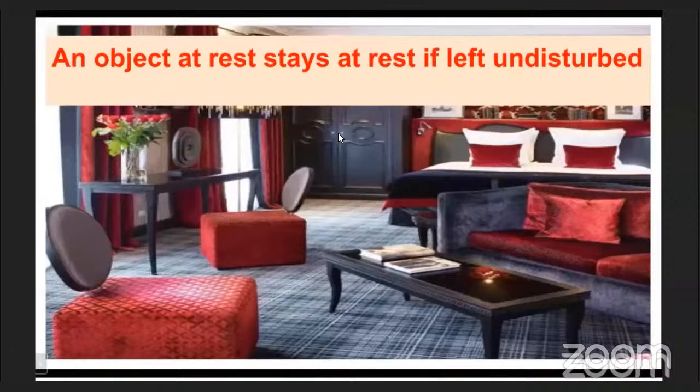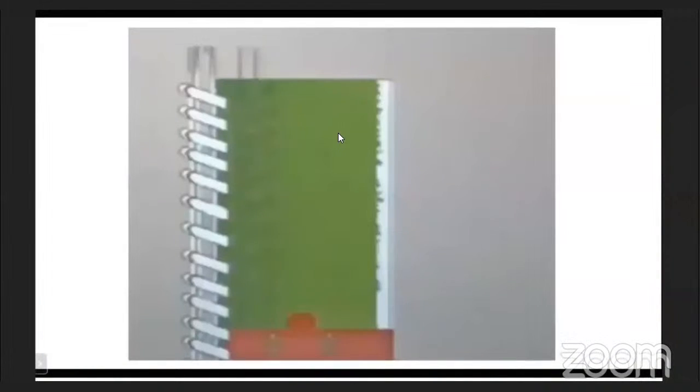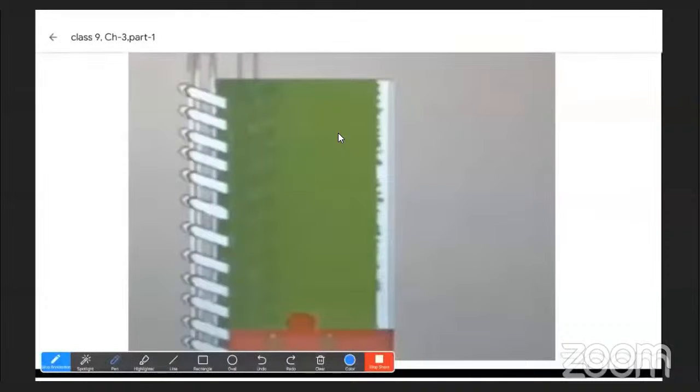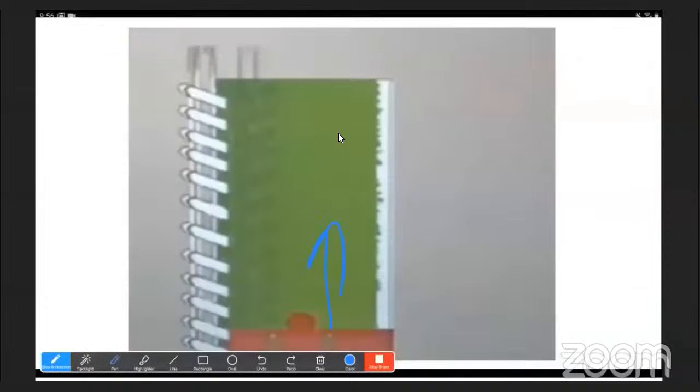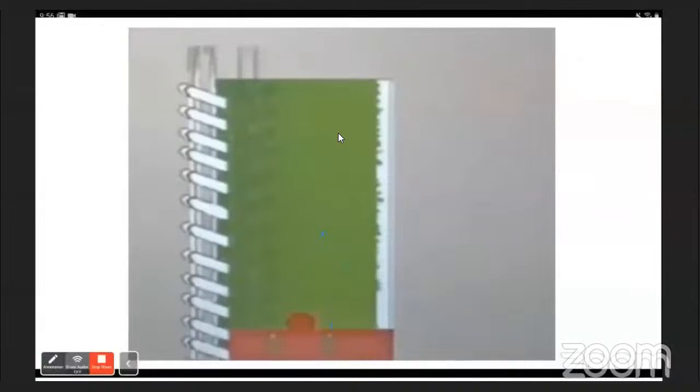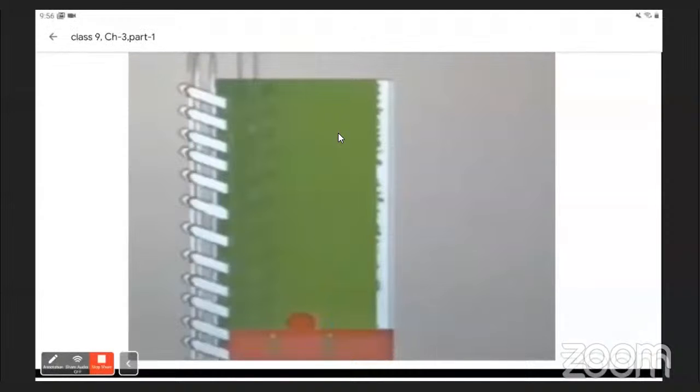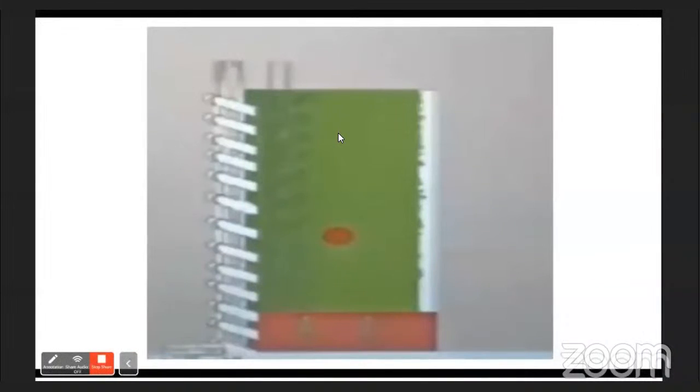Then what about a moving object? Let's see here. If you move this ball, that is, if we kick this ball, what do we notice? We notice that it has a tendency to come to rest after a certain time.